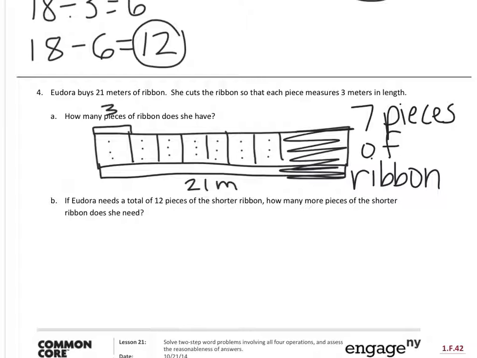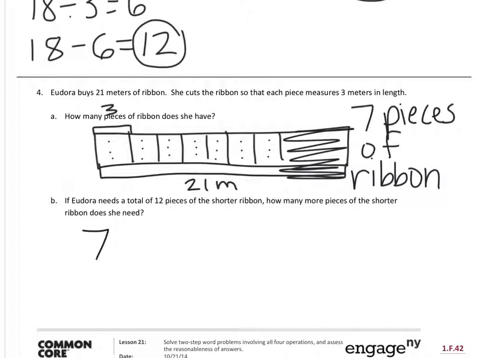Now I need to do part B. If Eudora needs a total of 12 pieces of the shorter ribbon, how many more pieces of the shorter ribbon does she need? So what that means is, we know we have 7 pieces of ribbon, but Eudora needs 12 pieces. So how many more pieces of ribbon does she need?